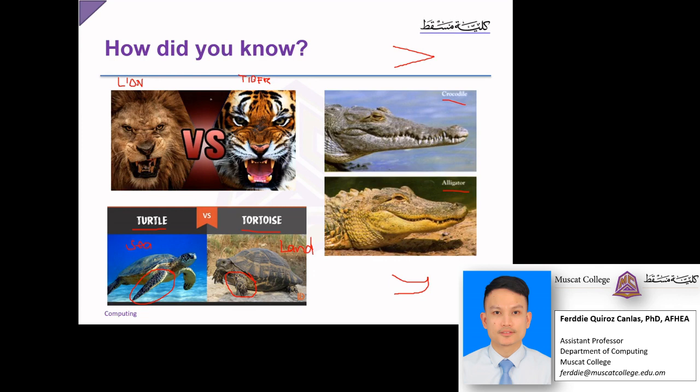Because both these animals share common traits, correct? If I represent it in a Venn diagram, this is the tiger, this is the lion, and they share something in between, correct? And actually this is shaded. Very good.